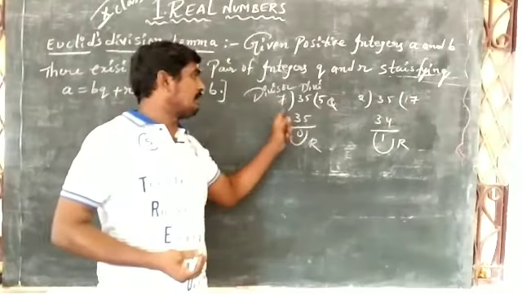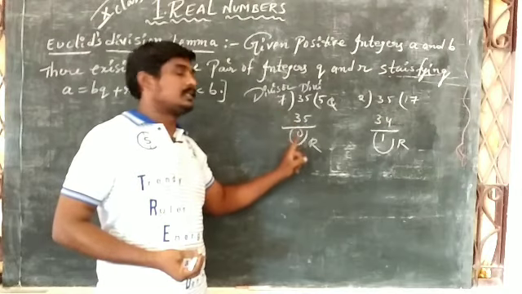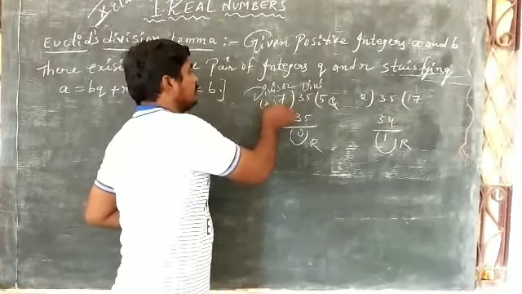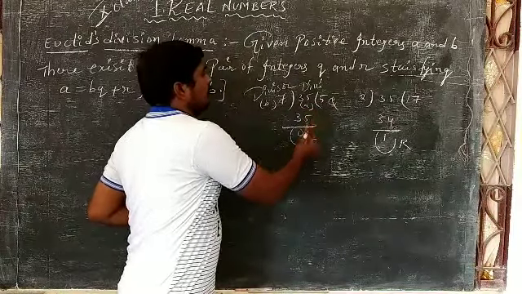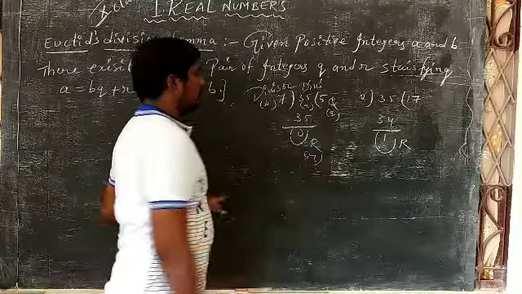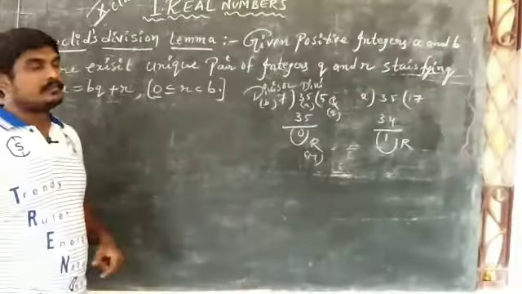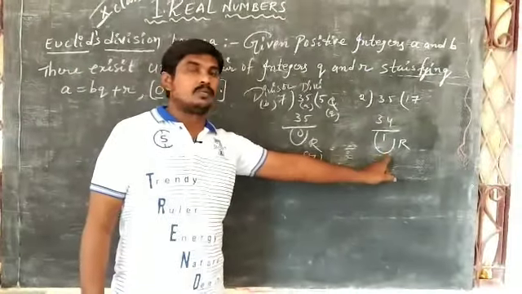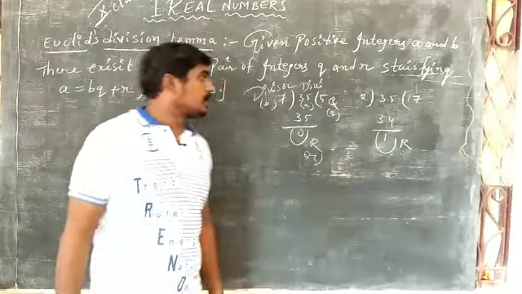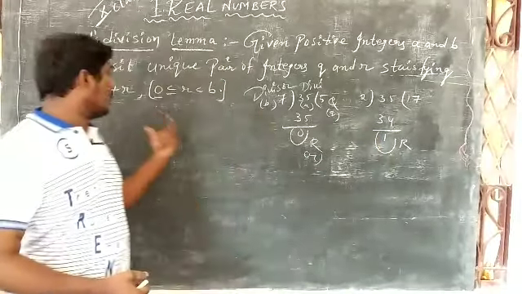The remainder is always less than the divisor. That means the r value is always less than the b value. This is the b value, this is the a value, this is q, and this is r. Okay, that only we have told. The r value is always less than b. Here also the remainder 1 is less than b. B means divisor. Okay, students, so like this we have discussed the rule.